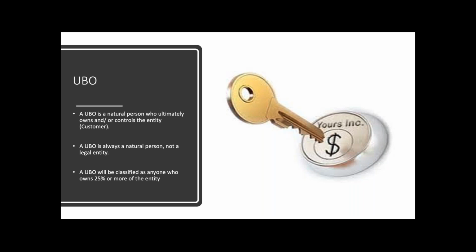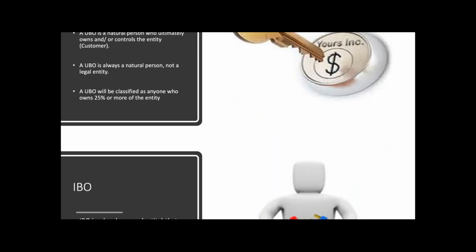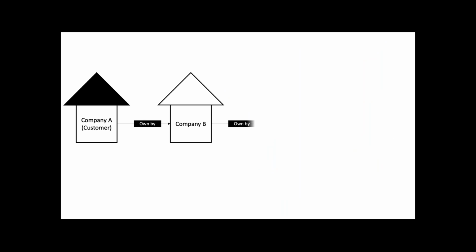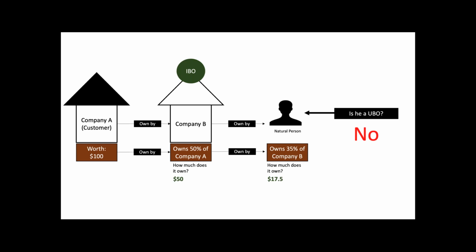A legal entity that is in between a customer and the UBO is known as the IBO. IBO is a link between a customer and the UBO. Does that make any sense? That's why we said all UBOs are natural persons, but not all natural persons are UBOs. Does that make sense?